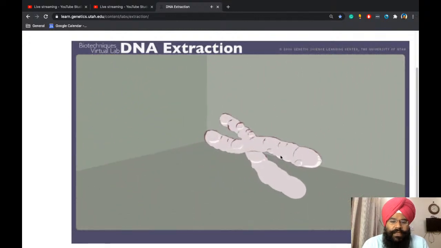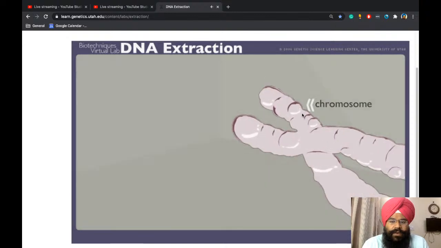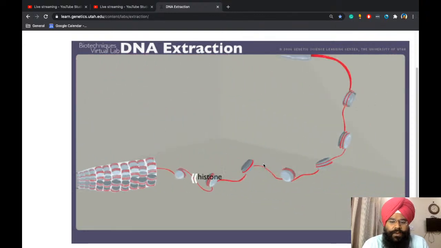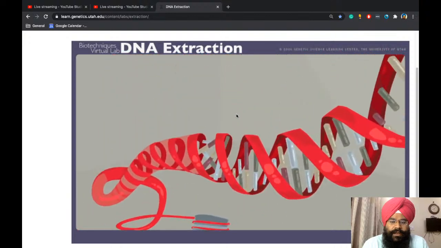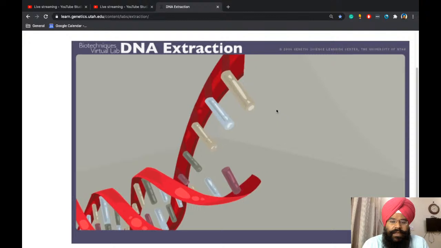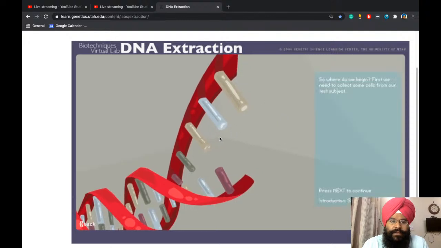So this is our nucleus. Inside the nucleus, our chromosome is present, and within this chromosome, our histone beads. So this is how our DNA is finally present.